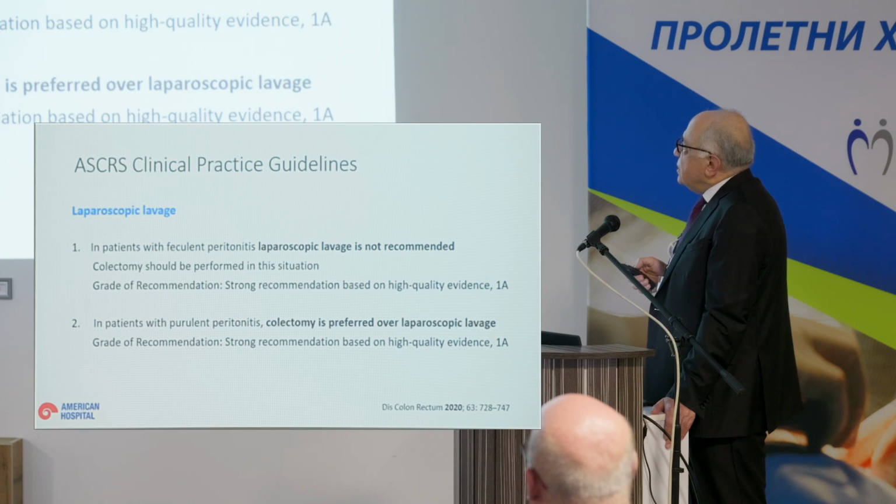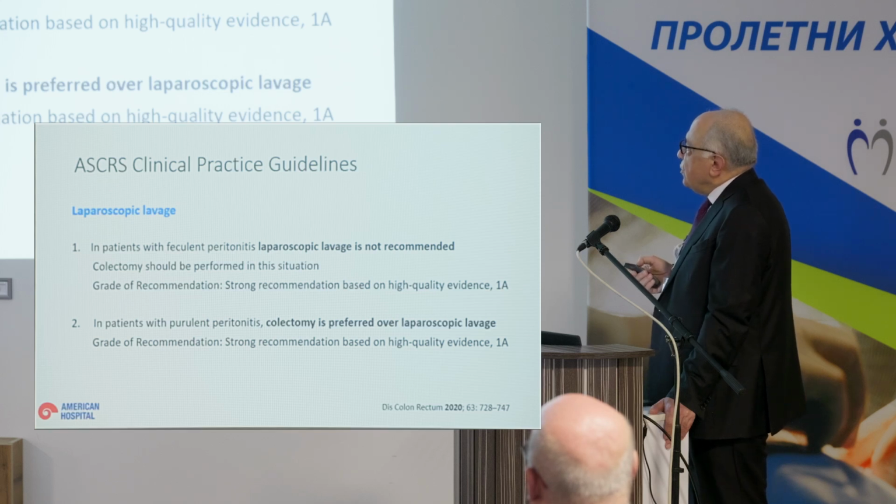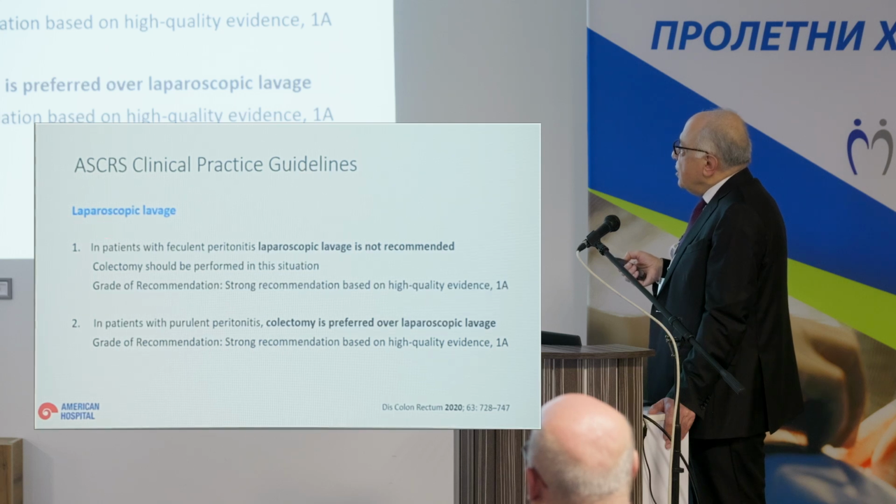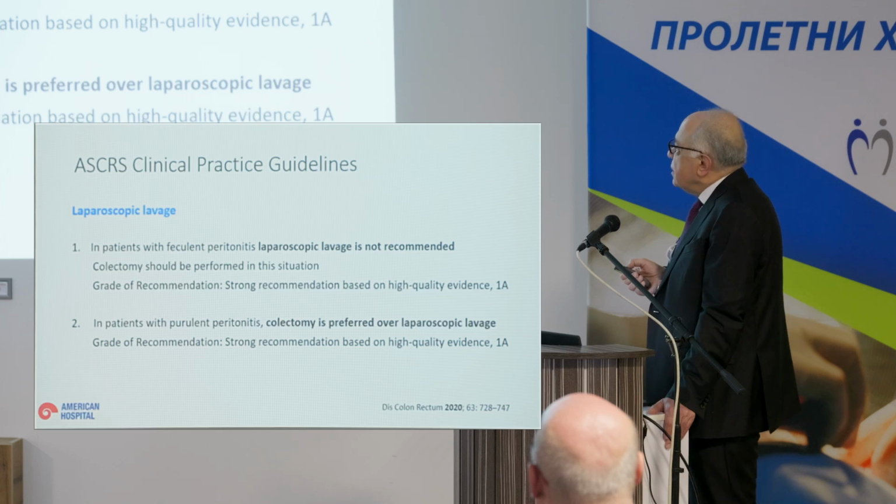When we look at some practice guidelines, for example, the American Society of Colon and Rectal Surgeons guidelines, what they say about laparoscopic lavage: in patients with feculent peritonitis, lavage is not recommended. Colectomy should be performed in this situation, and the recommendation is 1A, which is a high-quality evidence.